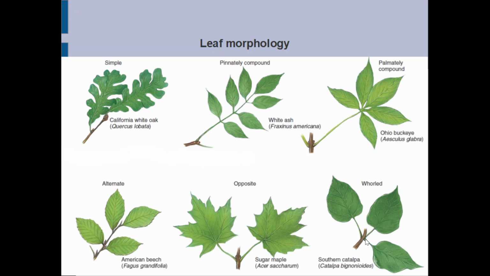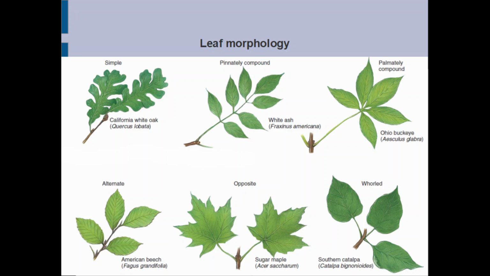there are more than 3 leaves on the same node. You can see that palmately compound resembles the whorled arrangement, and opposite arrangement resembles the pinnately compound, but these are different, because this is a petiole and this is a stem.